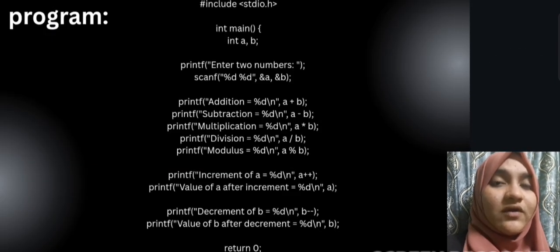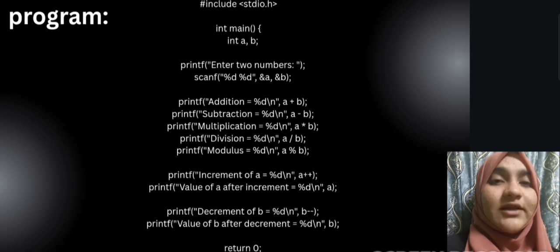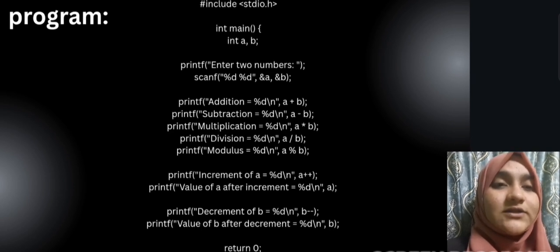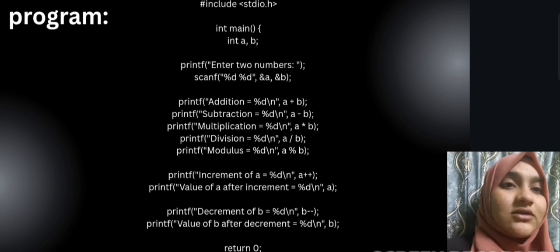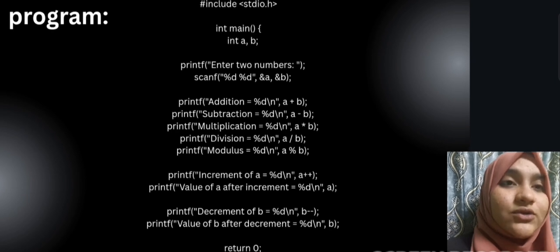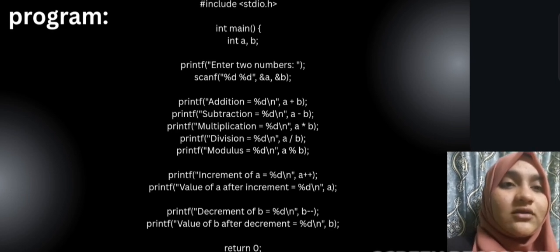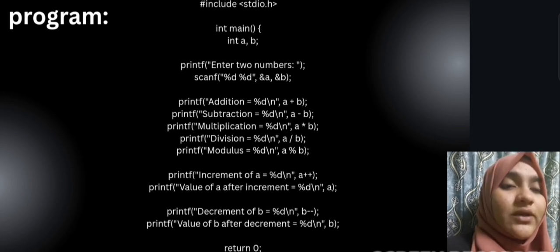Then the program for arithmetic operators. #include <stdio.h>, int main(void), then int a, b; printf. First we print, enter two numbers.